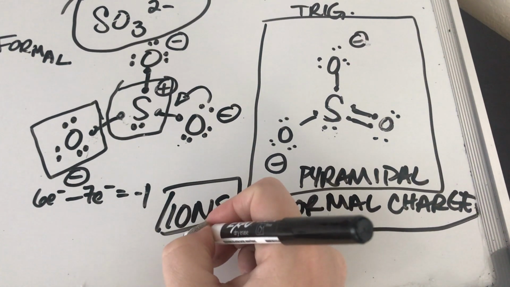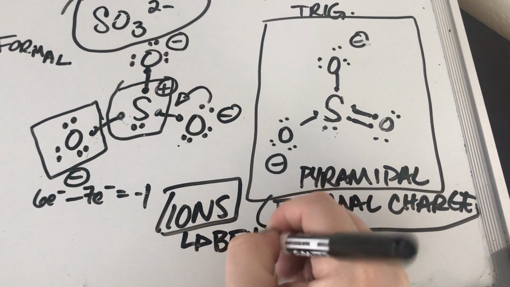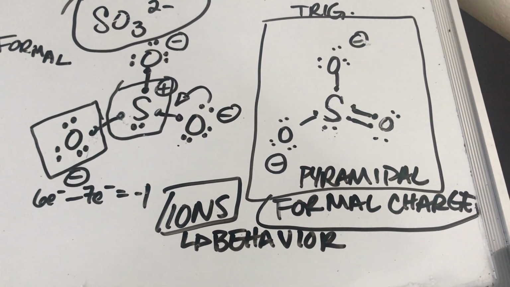It's going to behave like an ion. So if you think of a polar molecule as having partial charges, those partial charges will be attracted to other partial charges around them. That is an intermolecular force that's pretty strong.